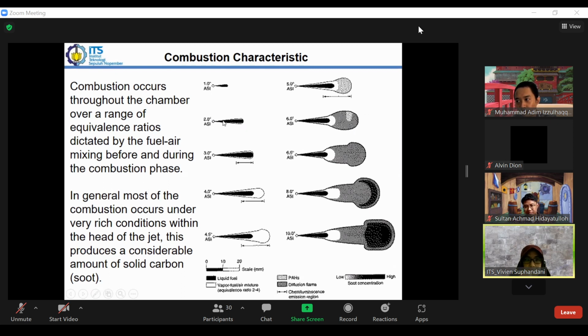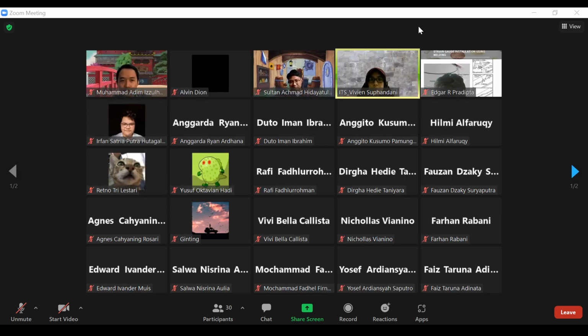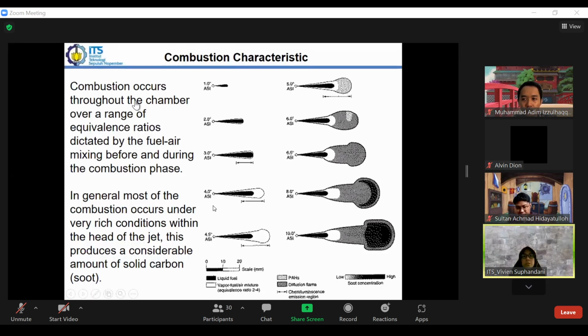Here we have the fuel air mixture before and during the combustion phase.